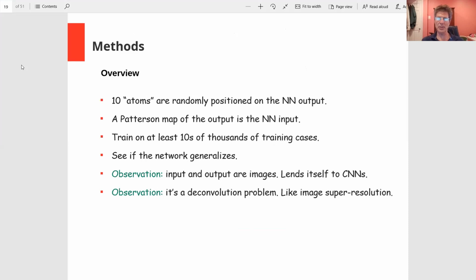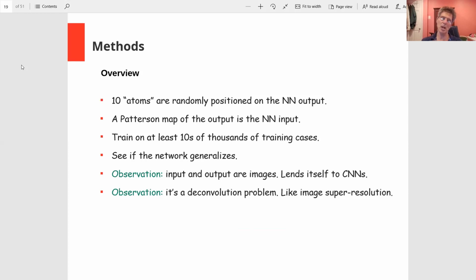Before I start on the methods section, let me give a little bit of background. This neural network problem is actually the second deep learning home project that I worked on. In the first one, I tried to use a neural network to run a molecular dynamics simulation.